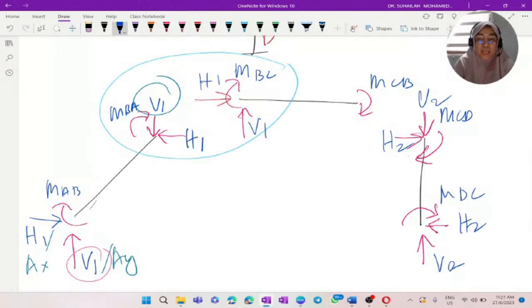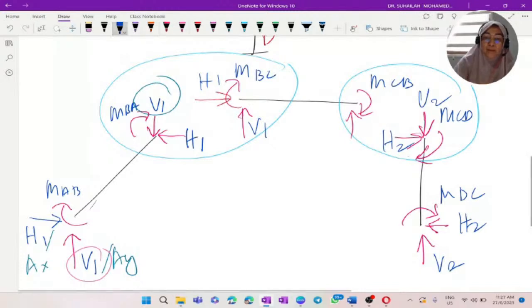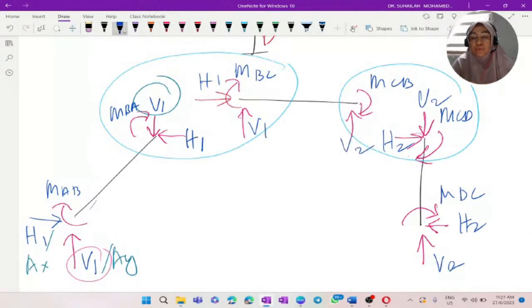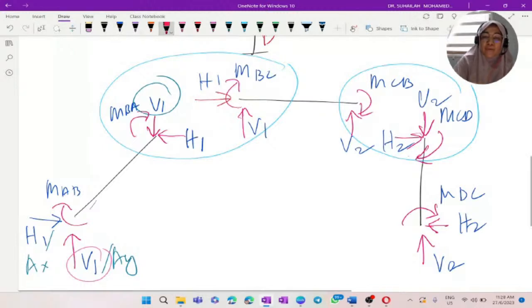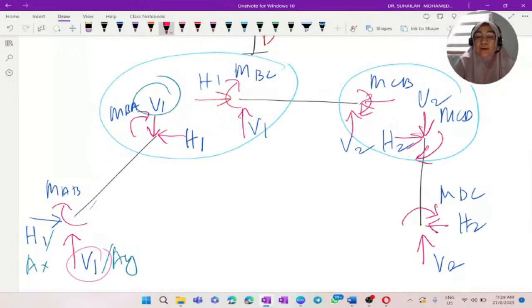And at C, we will have the same but opposite as well. V2 is going down, and V2 here is going up. We have H2 to the right, and we will have H2 in the left direction.